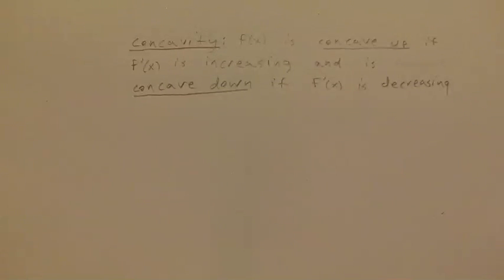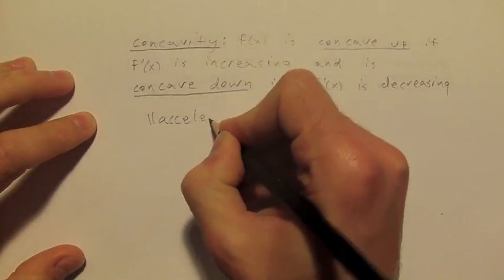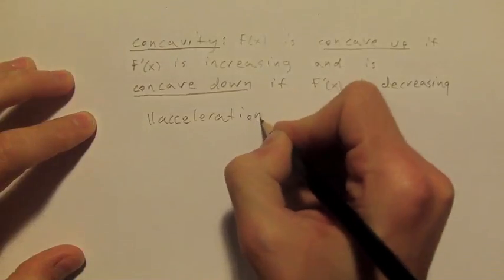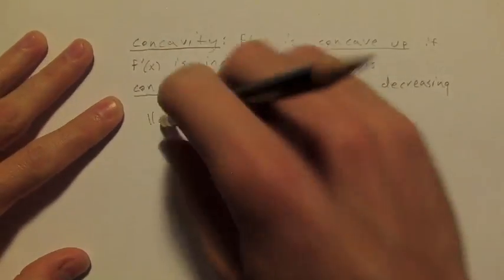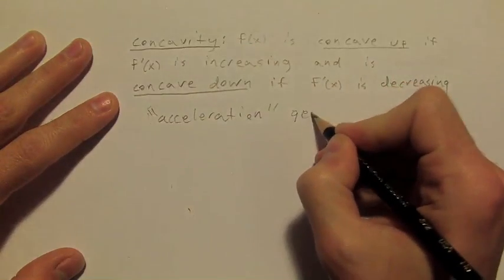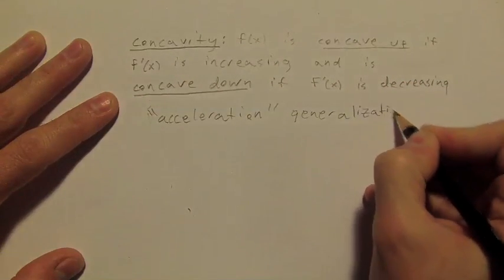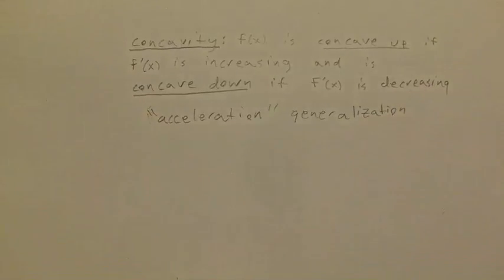So we've already sort of dealt with this, right? I like to think of this as something we've already seen. This is essentially acceleration, but it's a generalization. We're generalizing what acceleration is to really any function that we want.